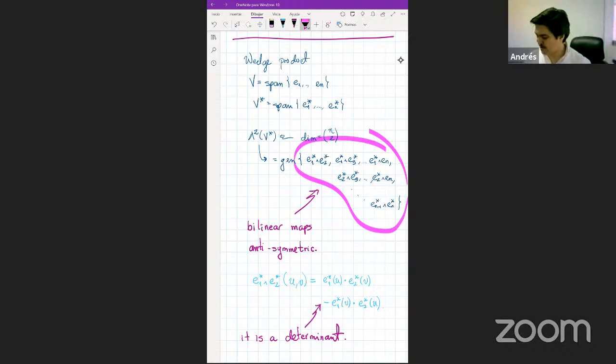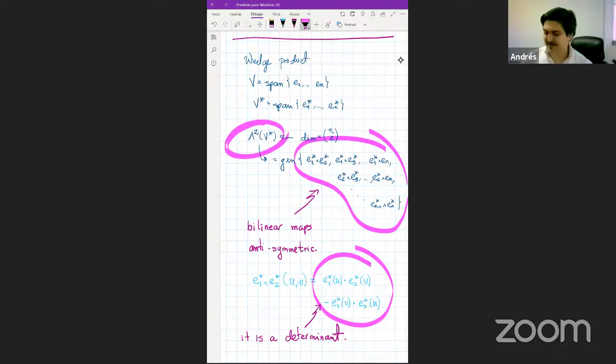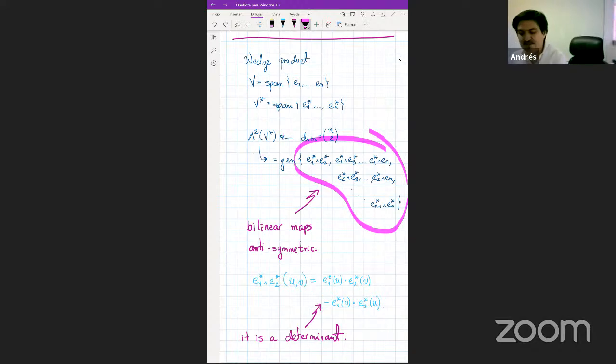And the other one that you can also see is this one here. And that's because the exterior algebra, or the k-linear maps that are antisymmetric, basically are only k by k determinants. Determinants of k by k matrices.